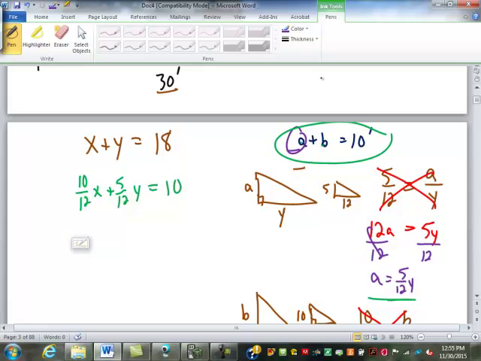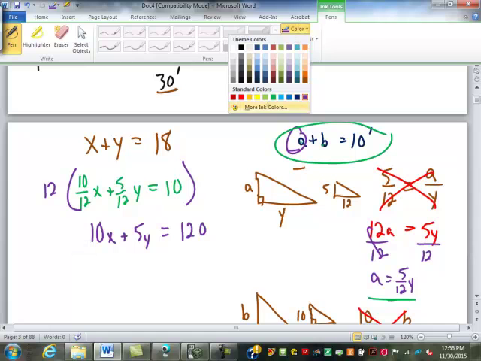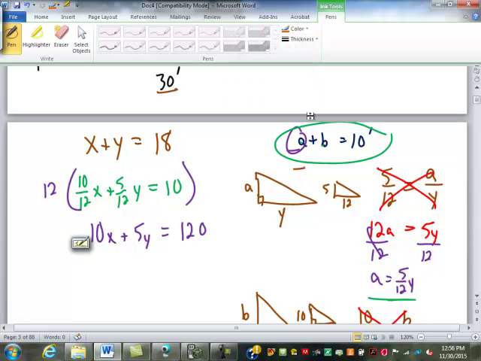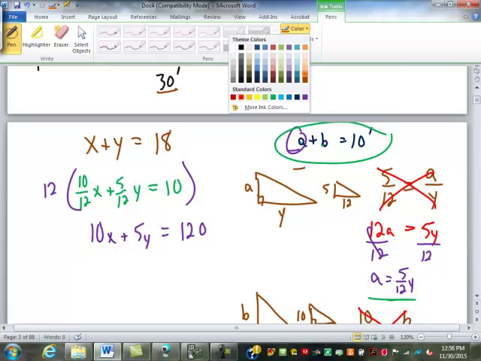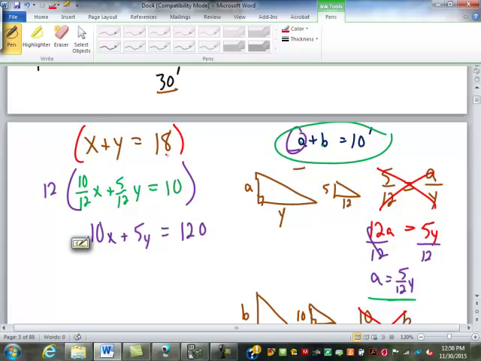The reason I left that in twelfths is I'm going to simplify this equation just a little bit. I'm going to multiply the whole thing by 12 to get rid of the fractions. So I have 10x plus 5y equals 120. I'm now going to multiply this equation by -5. Why am I doing that? So the y becomes a -5y, so we'll cancel with the 5y.